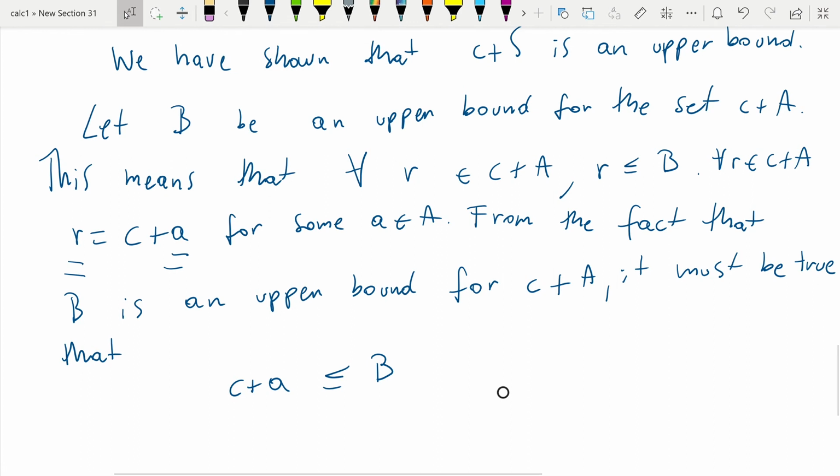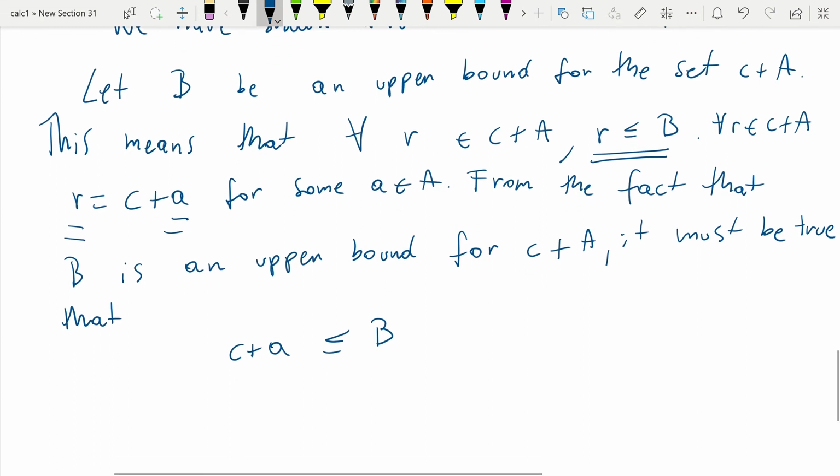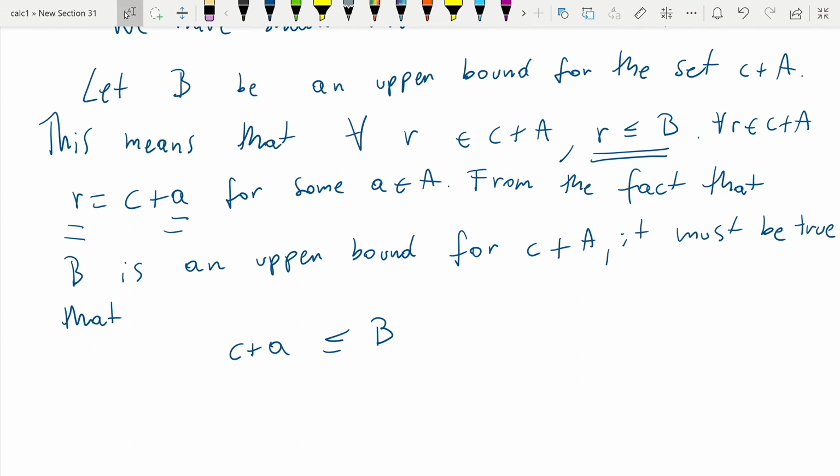Because B is greater than any R in C plus A. But any R in C plus A is of the form C plus lowercase a, as is indicated here. So that means that it must be true that this, and this is true for all.